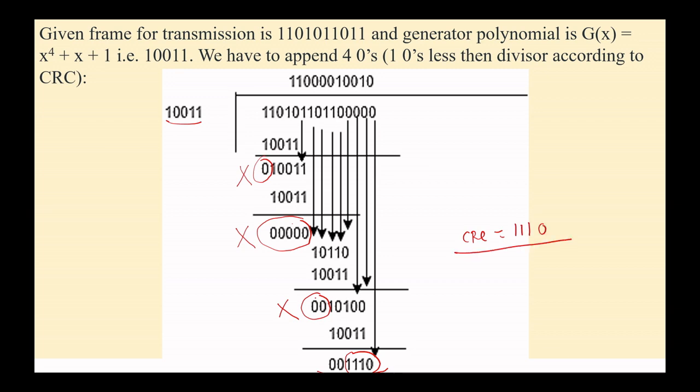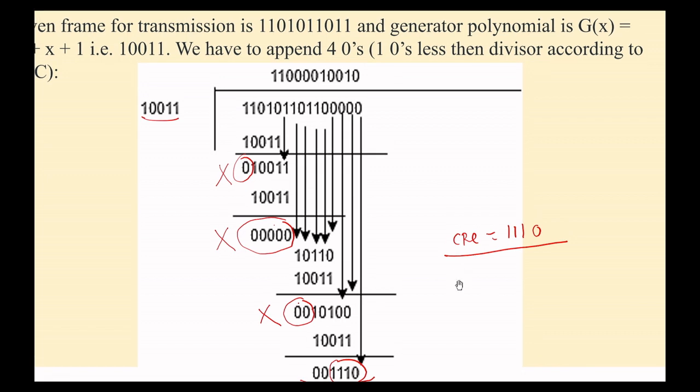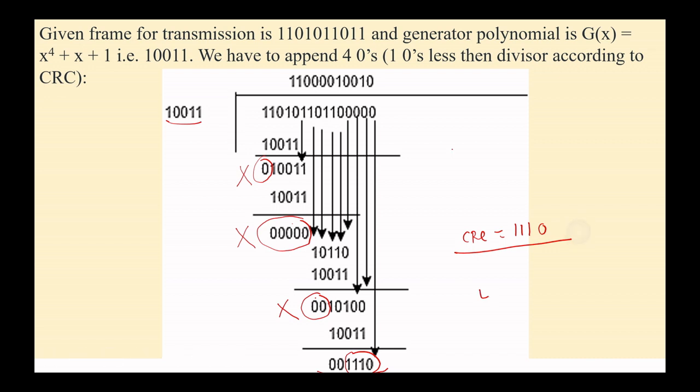Now, what is your original message? Your original message is 1 1 1 1 0 1 0 1 1 0 1 1. And what about the CRC? This is your original message, and now the CRC bits are 1110.